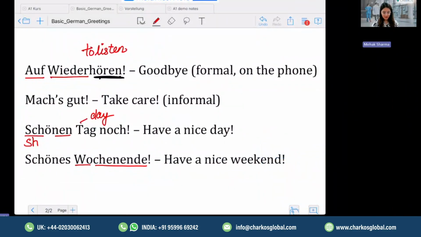Okay, now we are also done with the greetings. So far we have covered the alphabets in detail and the basic greetings in detail. The next thing that we are going to do is numbers.